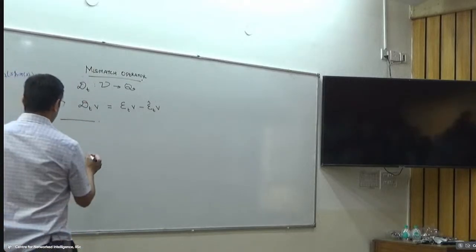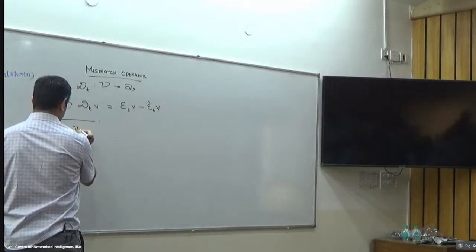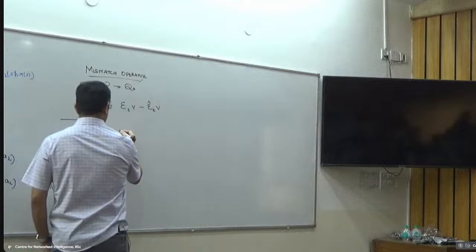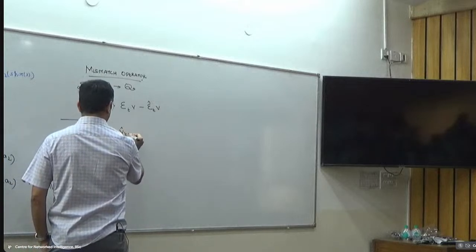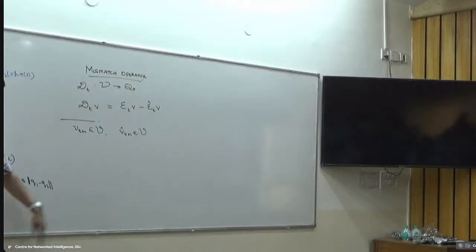Let us say at some time I have a V_{t+1} which belongs to V, and I have a V hat_{t+1} which also belongs to V. I have two value functions, one in the true model, one in the approximate model.